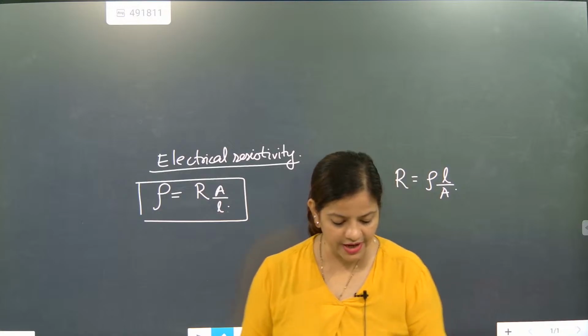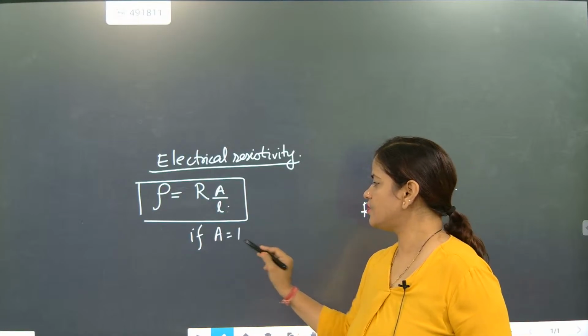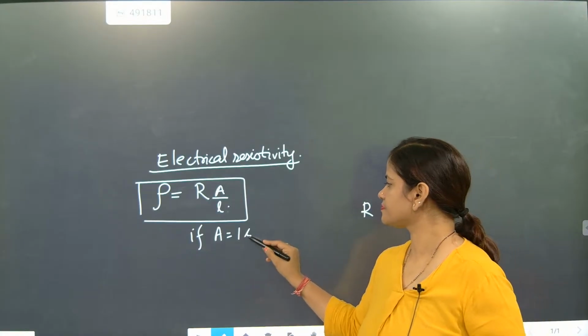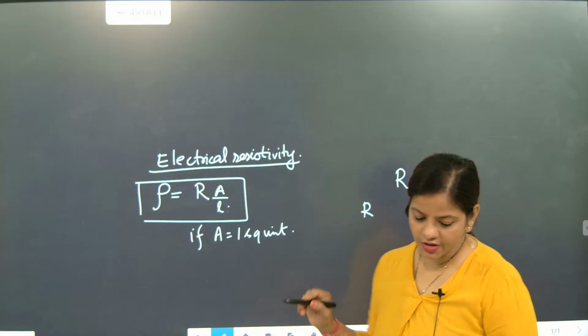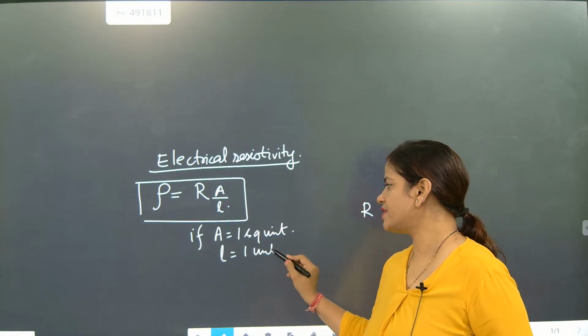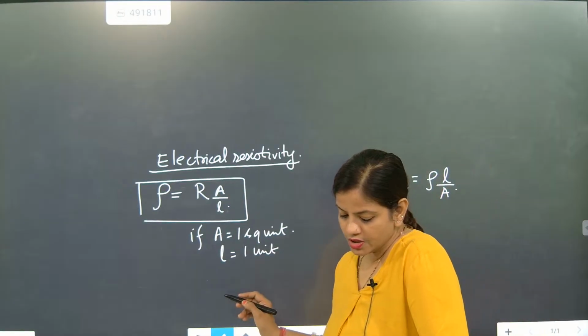So we will say that if A is equal to 1 square unit, understood? L will be 1 unit.